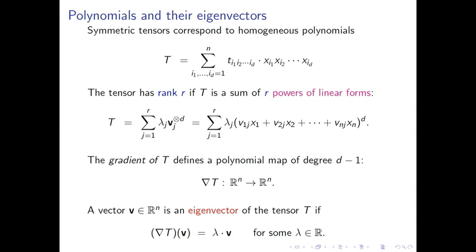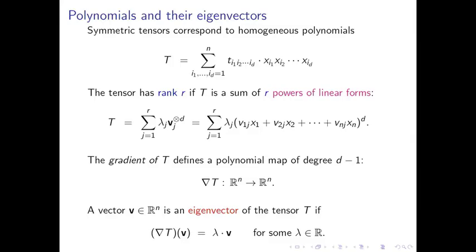So the gradient vector is a vector whose entries are homogeneous polynomials of degree d minus 1 in the n unknowns. And as such, it defines a map from n space to n space just by plugging in. Right? So I have a vector of length n, each coordinate of which is a polynomial in n variables. By plugging in, I get a map from n space to n space.